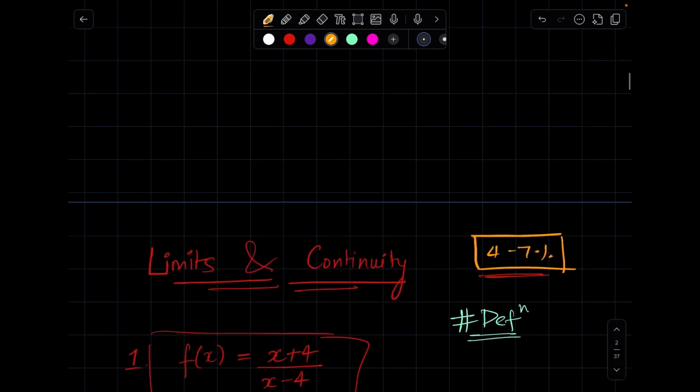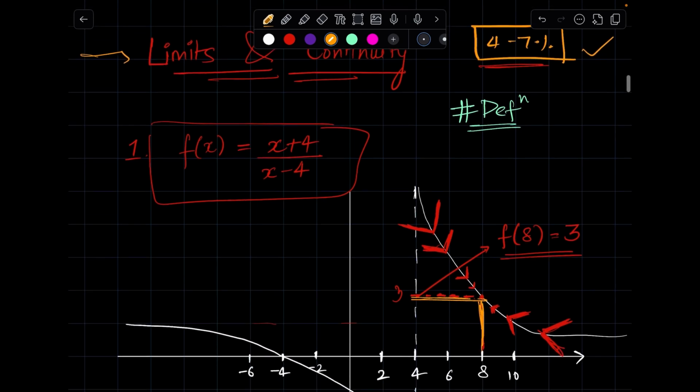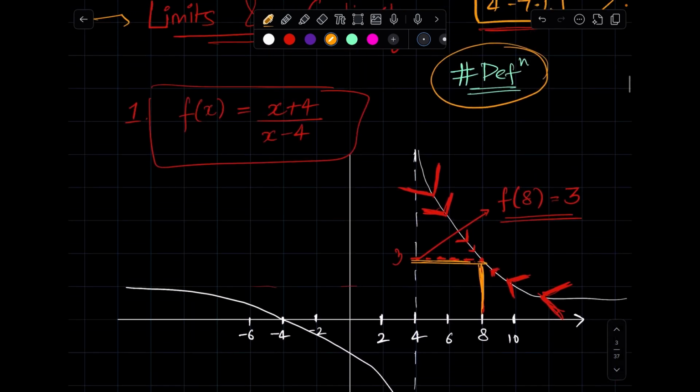So let's begin with the first chapter, that's limits and continuity. The portion for this chapter is 4 to 7%, and I am not gonna tell you the theoretical definition of a limit because instead of telling you about what it is in words, I'm gonna show you what it is. So let's talk about a function. I have a function here that is x plus 4 upon x minus 4.